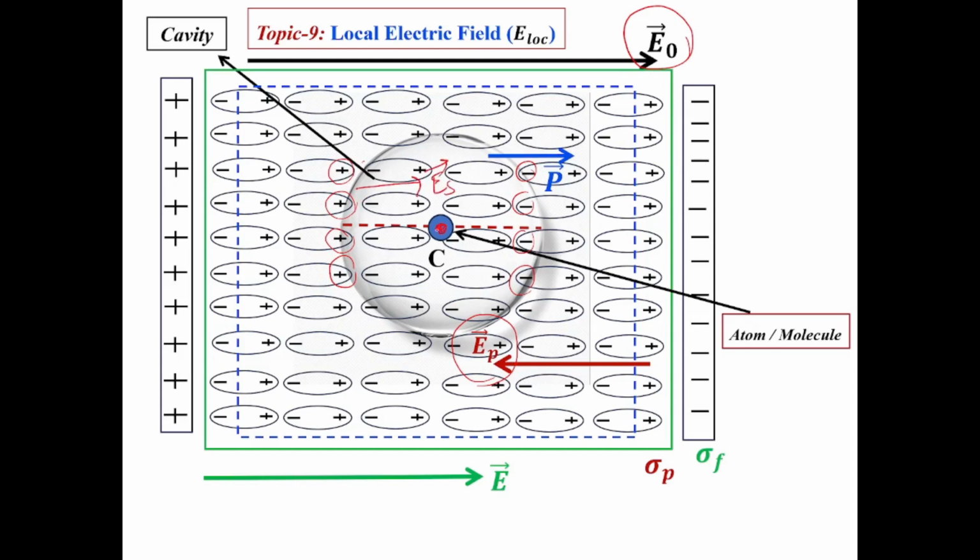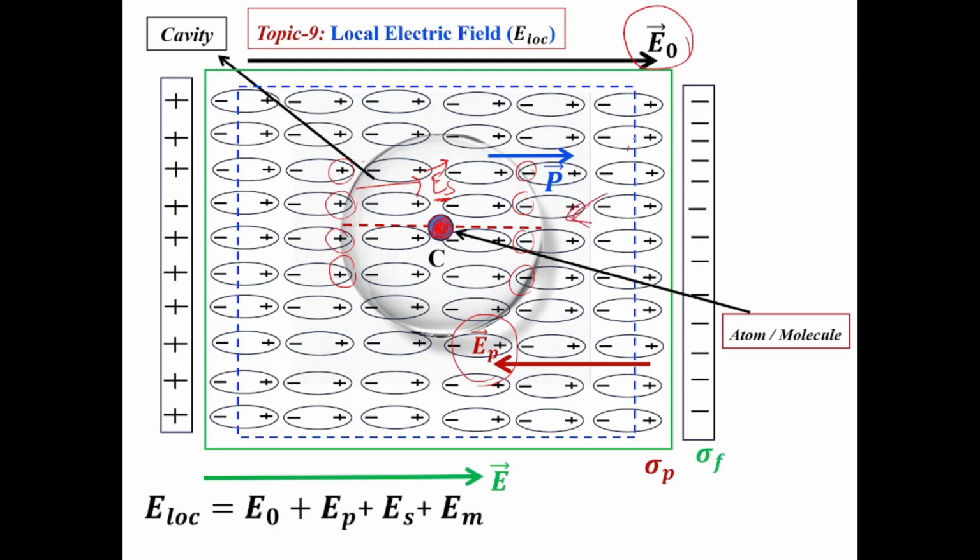So this atom is also influenced by Es, which is the electric field induced by the charges on the surface of this cavity, and also this atom or molecule can be influenced by the permanent dipole moments present inside this dielectric material.